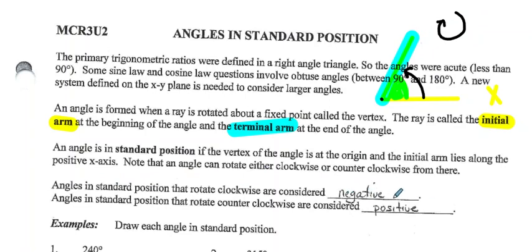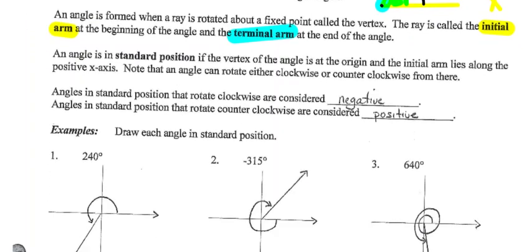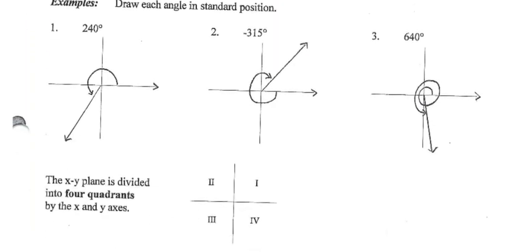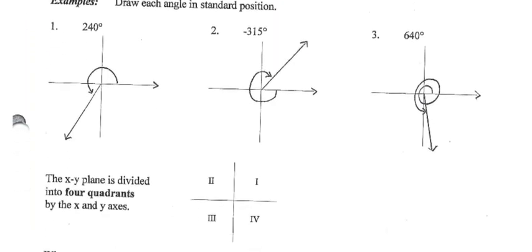And that's going to be new to you guys because normally you don't see negative angles. So angles in standard position that rotate counterclockwise are considered positive. So this is a 60-degree angle, and this angle would be a negative angle.